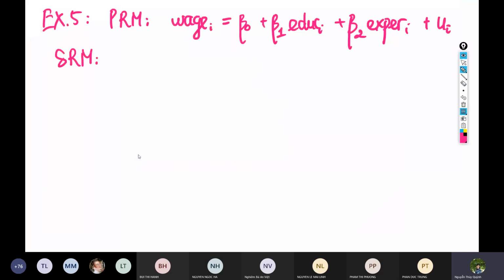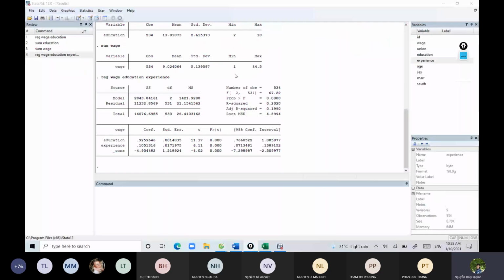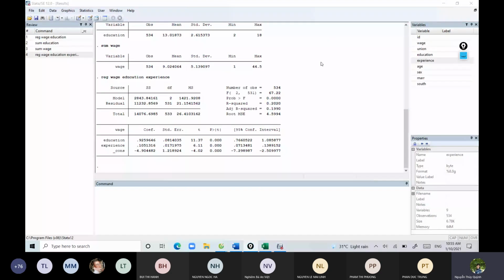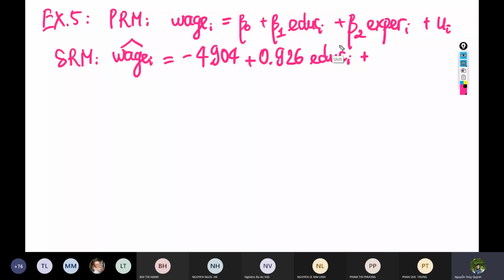We have estimated wage equal to minus 4.904 plus 0.926 times education plus 0.105 times experience. Okay, that is our estimated model.